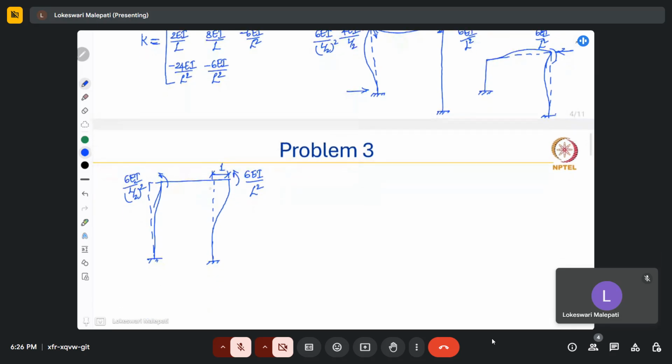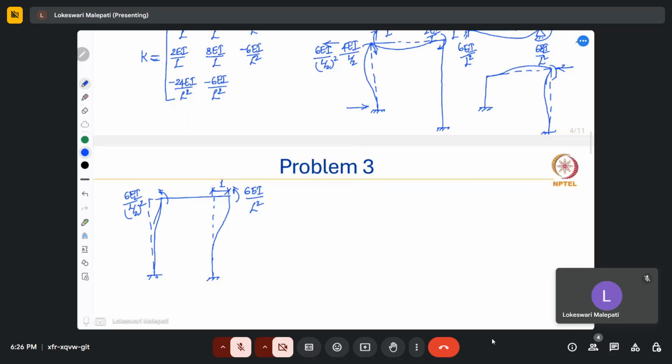And corresponding to these two columns, we have a shear force here as well as here. So here we have 12 EI by (L by 2) the whole cube, and 12 EI by L cube.